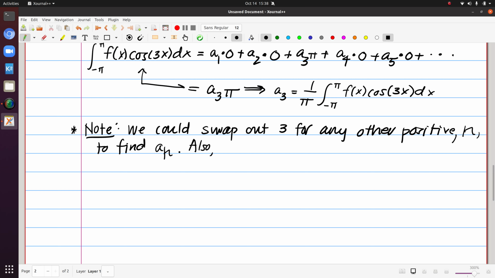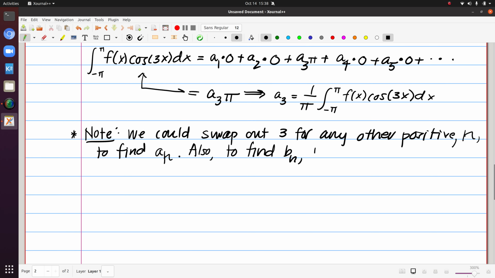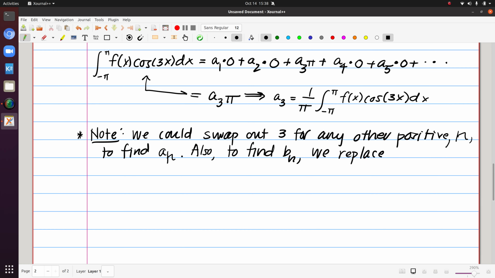Also, to find b sub n, we could go through the same process above, but we would replace the step where we multiplied by cosine of nx by sine of nx.